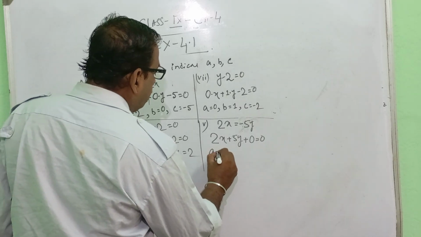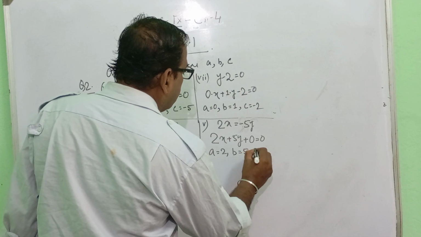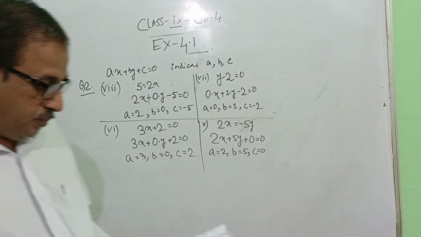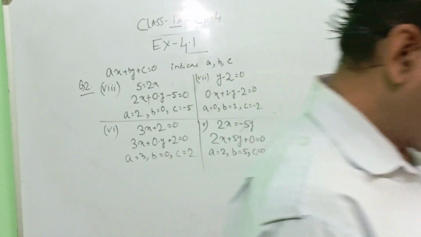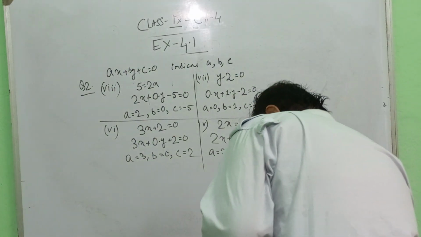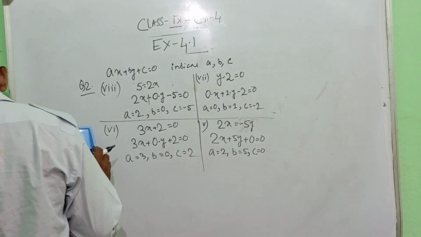So a is equal to 2, b is equal to 5, c is equal to 0.